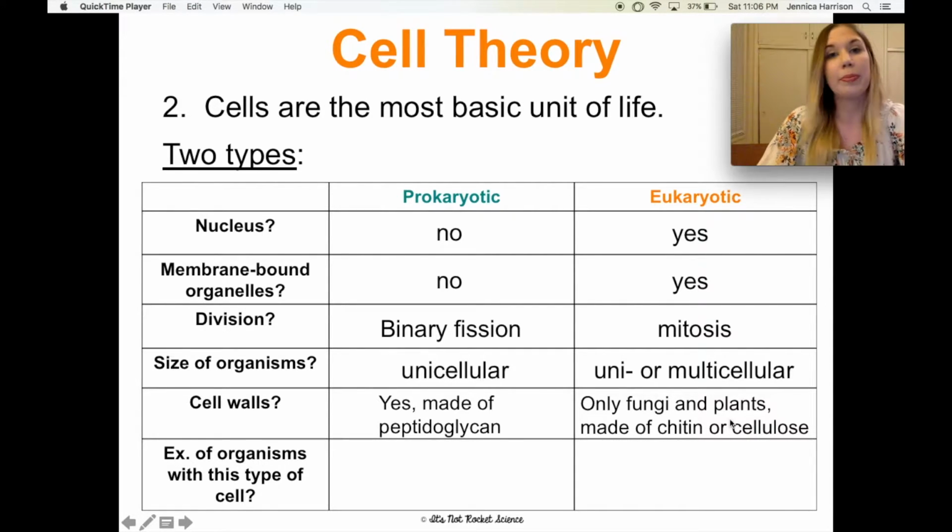And if you remember, some of you, I told you about how cellulose is not able to be broken down by the human body. Our gut cannot break it down. However, cows actually can. Cows eat grass, and that is composed of cellulose. And the reason cows can do this is because they have bacteria inside of their gut that can break down cellulose.